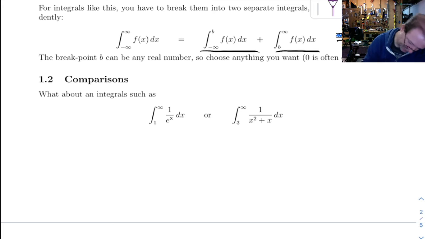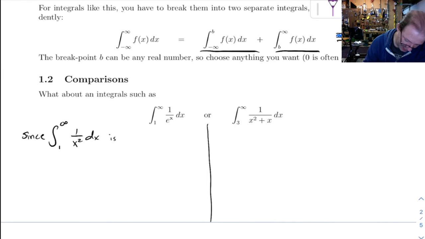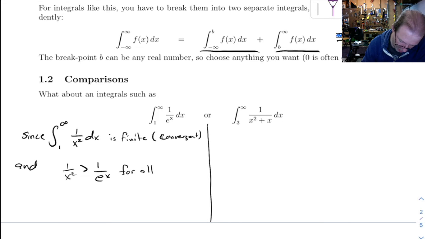Let's see how to write that down. Okay, for this one, I could say since the integral from 1 to infinity of 1 over x squared dx is finite, another word for that is convergent, and 1 over x squared is greater than 1 over e to the x for all x in the interval from 1 to infinity.